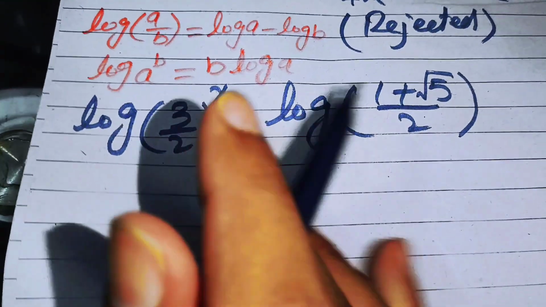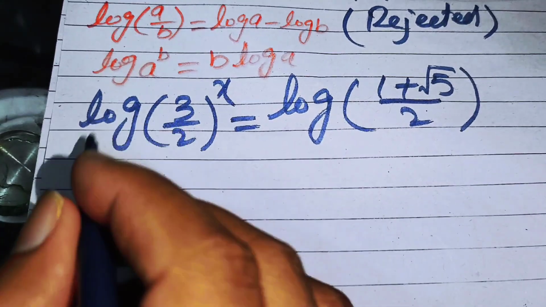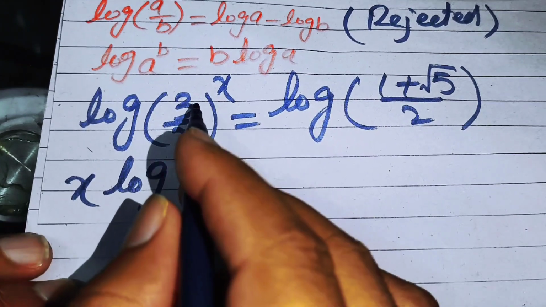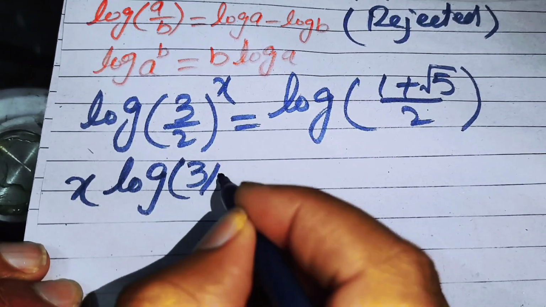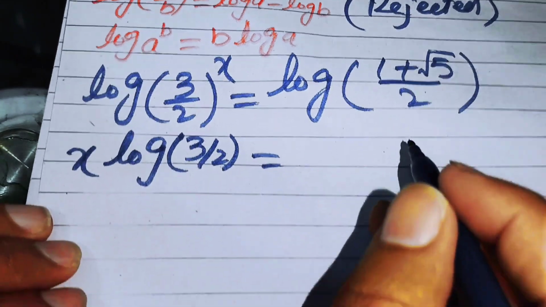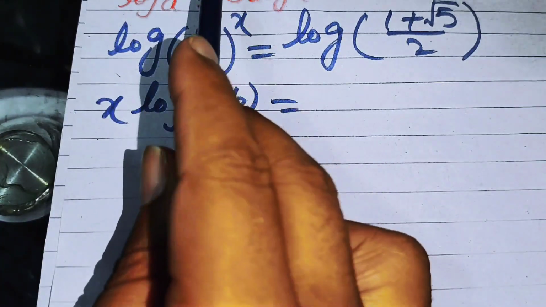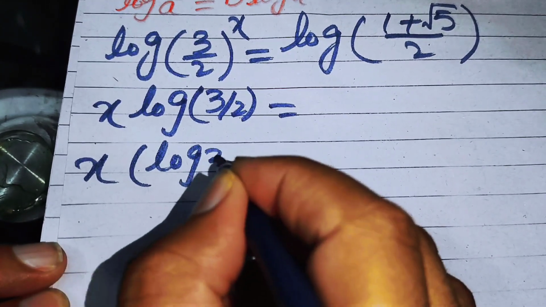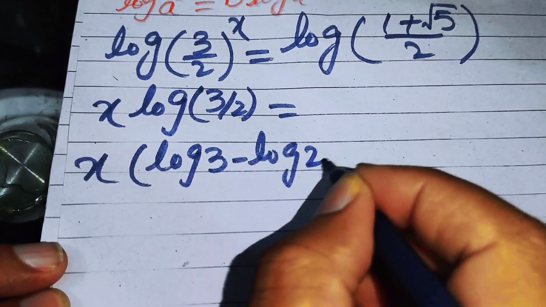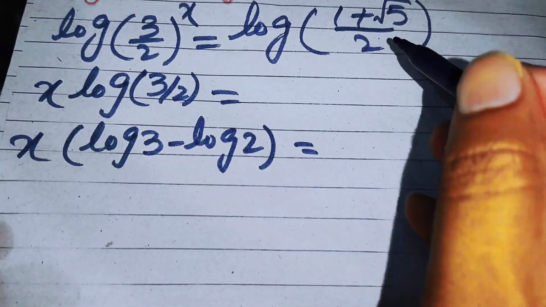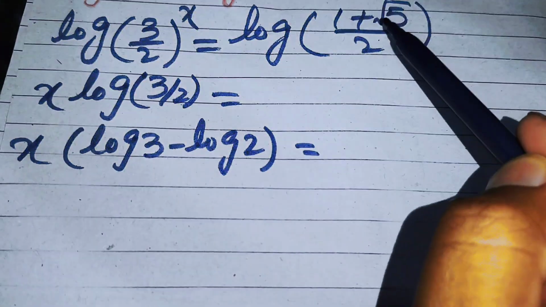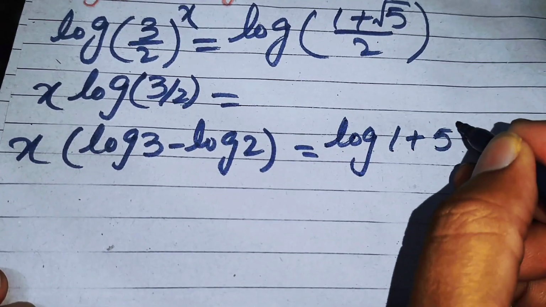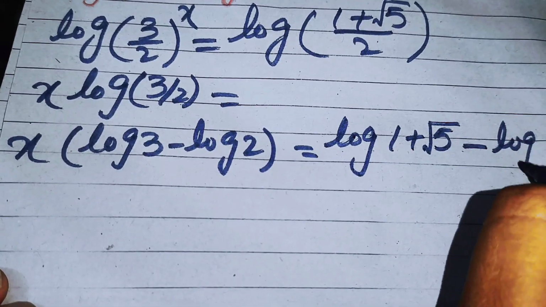So on the left hand side, this exponent will come in front of the log, and we write x times log 3 over 2 is equal to, and here again you can apply the property of log, and you can write x times log 3 minus log 2, and again we can apply this property on this term, and you get log of 1 plus square root 5 minus log 2.